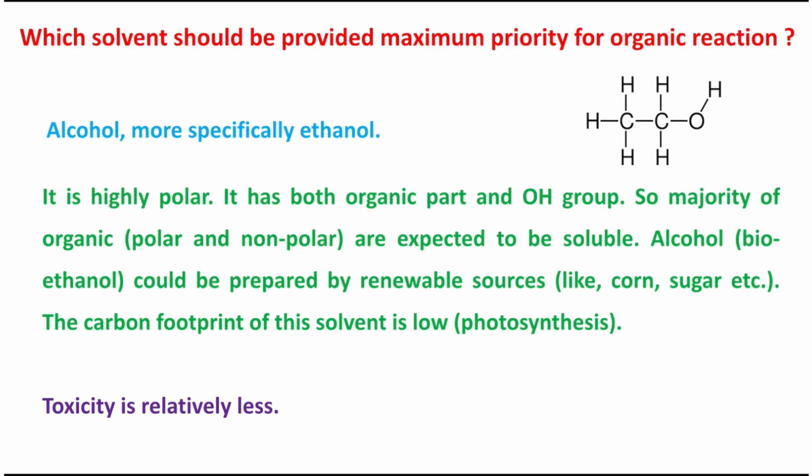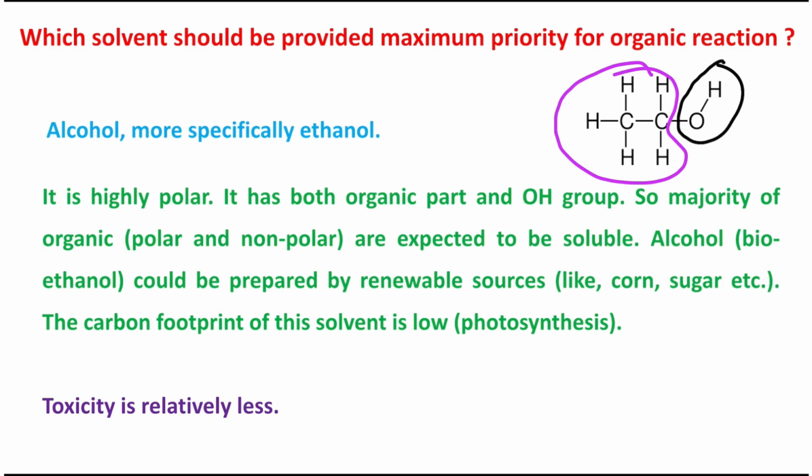Any alternative? Yes, student, alcohols. Or more specifically, ethanol. Because alcohol has this OH group, it's polar, so it's capable of dissolving polar moieties. Not only that, alcohol has this organic part, which is responsible for the solubilization of organic groups.